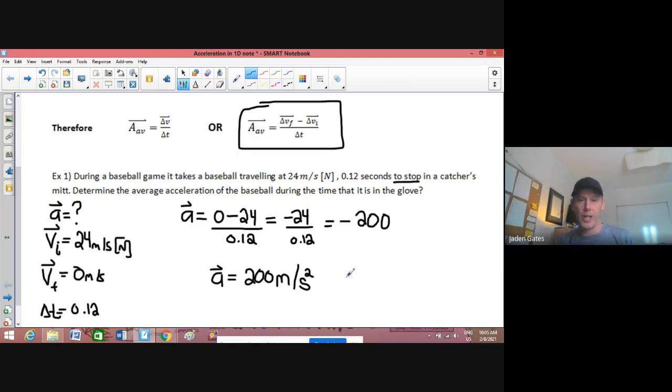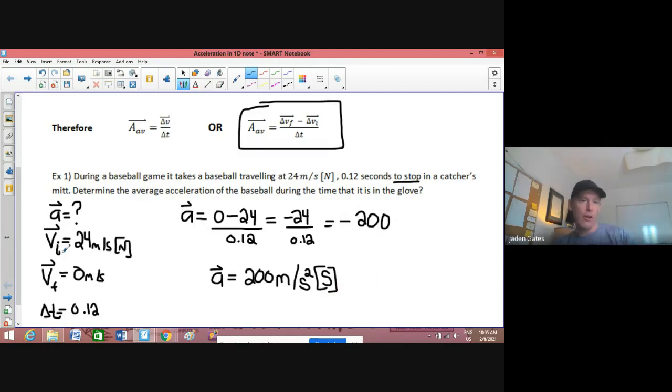Those are the units for acceleration. Now, this acceleration also needs direction. Because our value is negative, and I always have north as positive, I'll say 99% of the time, because south is negative, that means our acceleration is south.